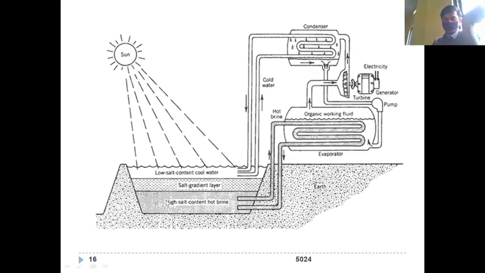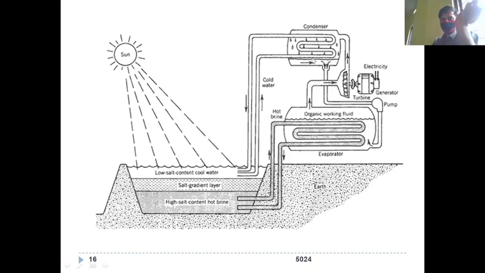You can see here three different layers, and from the bottom layer the thermal energy is given to a heat exchanger, which transmits it to an organic working fluid, used to generate steam, which can run a turbine and generate electricity. After using the thermal energy in the turbine, it goes back to the condenser, where it gets condensed back to the heat exchanger again.